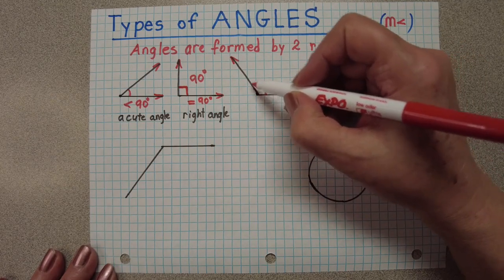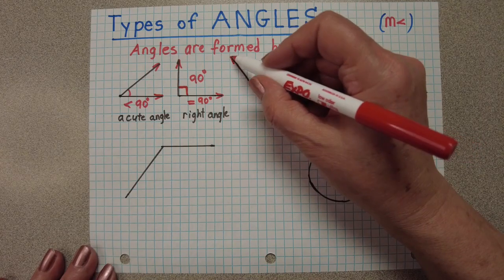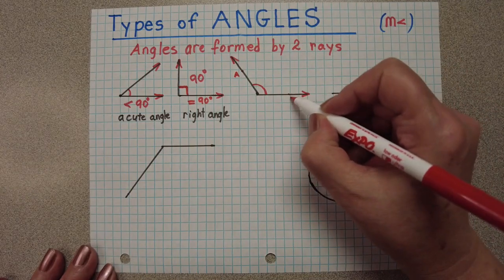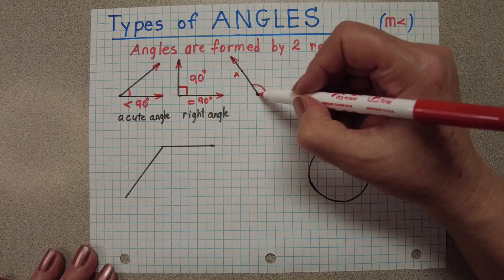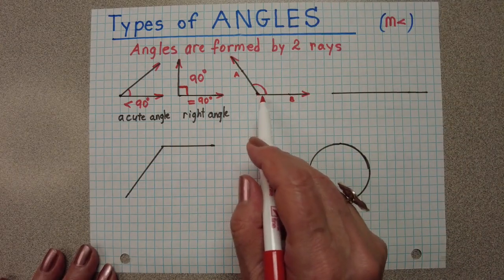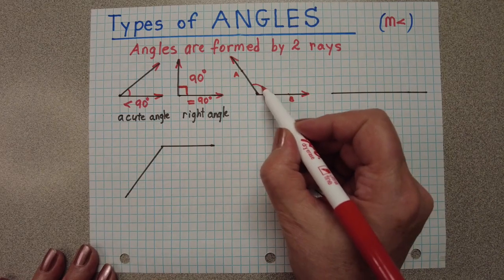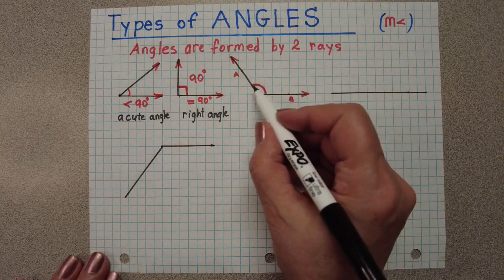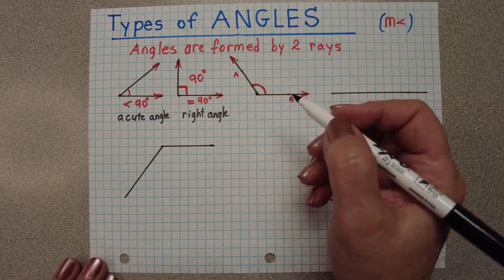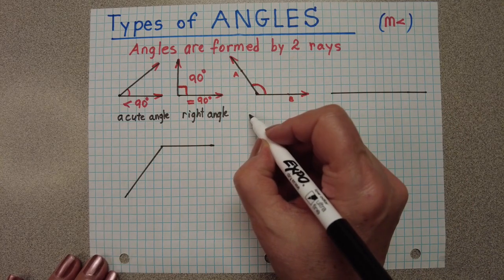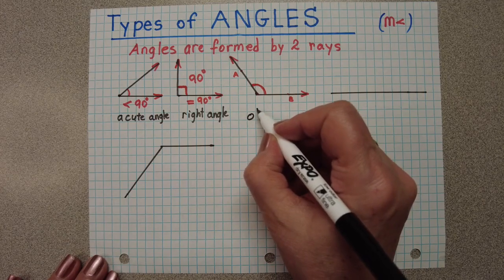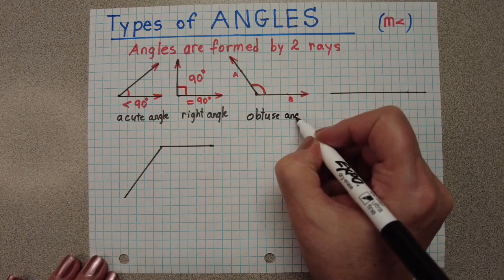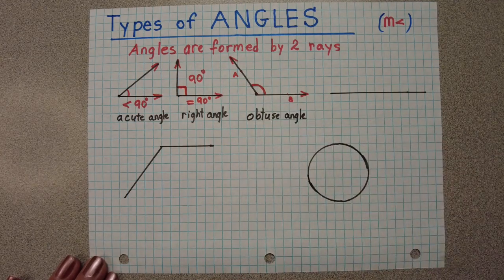They start from here, they go, and they can have points on them like A and B. So this ray and this one made an angle bigger than 90 degrees, and they made an obtuse angle. Let's write down the name. Obtuse. Okay, this is an obtuse angle.